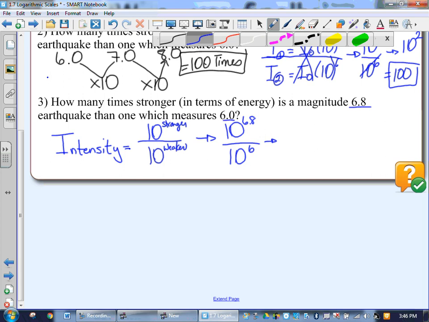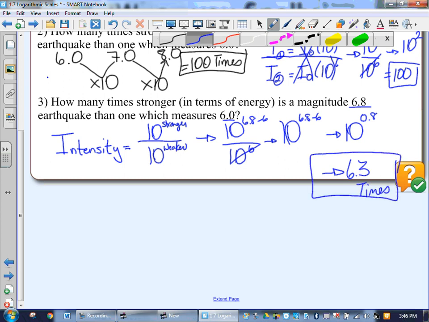So I subtract my exponents. 6.8 subtract 6 will give me 10 to the power of 0.8. Then I grab my calculator. 10 to the power of 0.8 will be approximately 6.3 times. So less than 10.